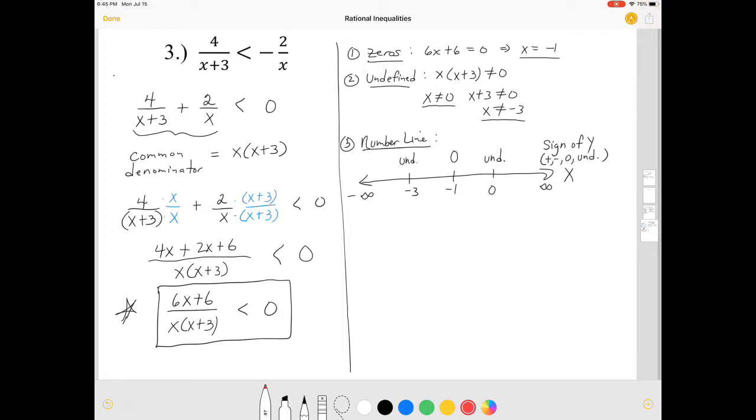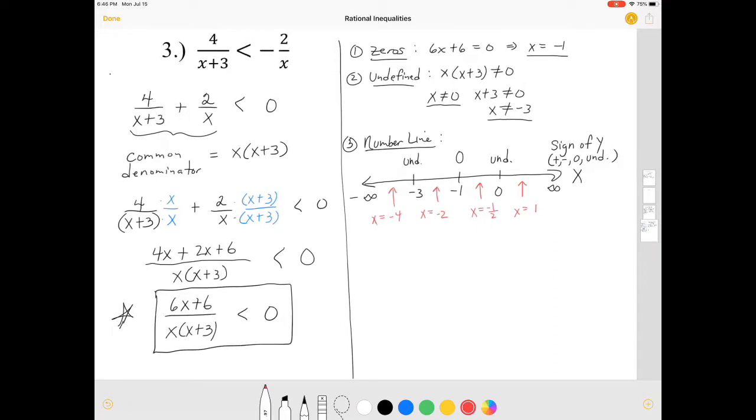All right, and now we have 4 sections that this line is broken up into. So in other words, we have 4 intervals to set up and test. So let's pick some numbers in each interval. Numbers like x equals -4. In the next interval, -2 seems to be a good pick. X equals -0.5. And x equals 1 in the last interval.